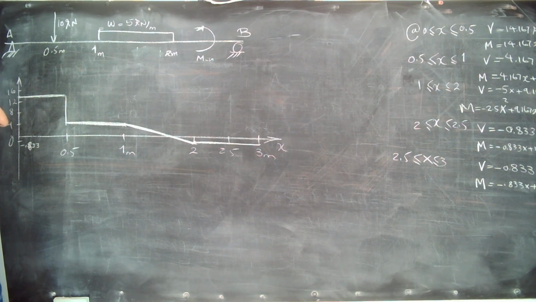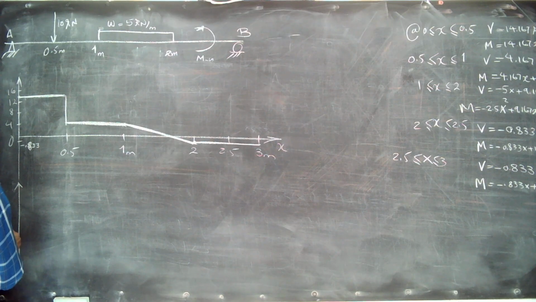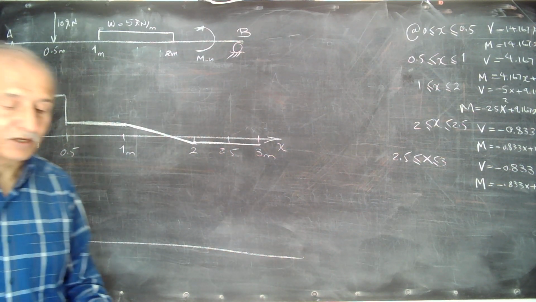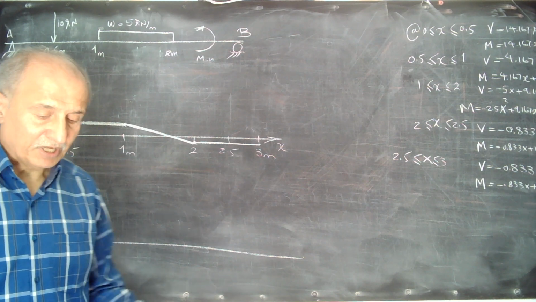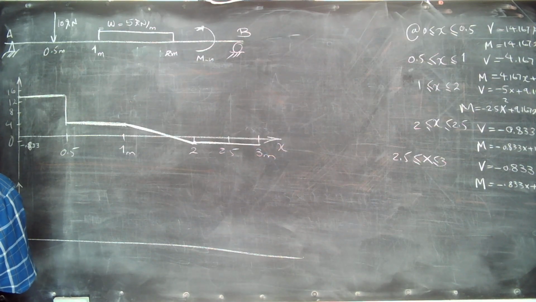Let's go for drawing the bending moment diagram. Just use the equations. First, M is 14.167x between 0 and a half.